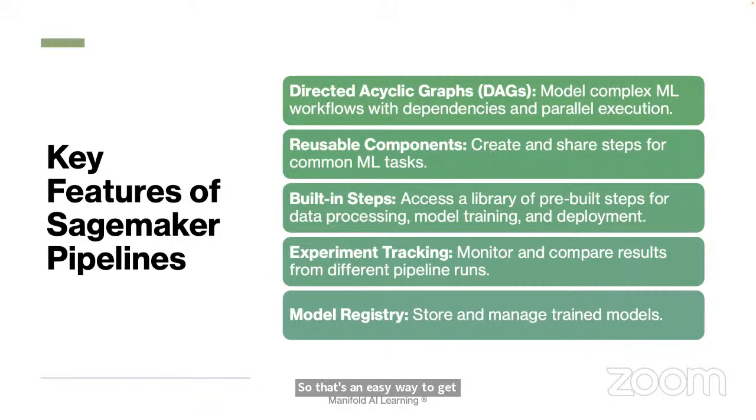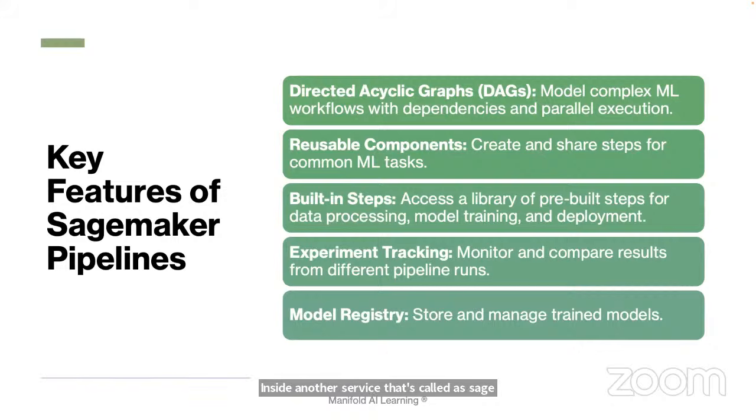And the best part is we can also monitor the experiments and compare the results of different pipeline runs in a GUI format, which is made available to us in the SageMaker service. And finally, once the pipeline has been executed and we have a model that works as per our requirement, we can store and manage these trained models inside another service called SageMaker Model Registry.